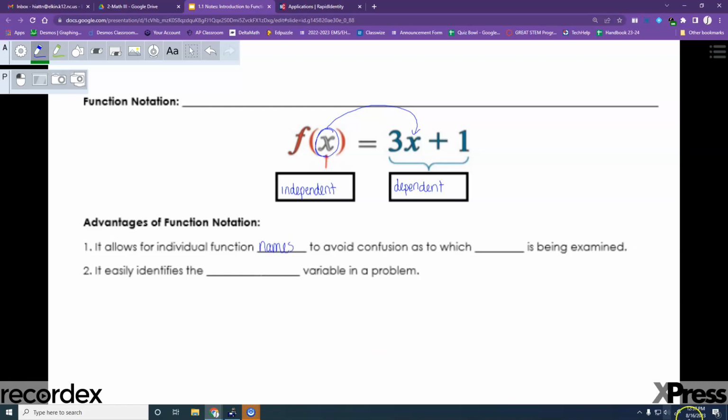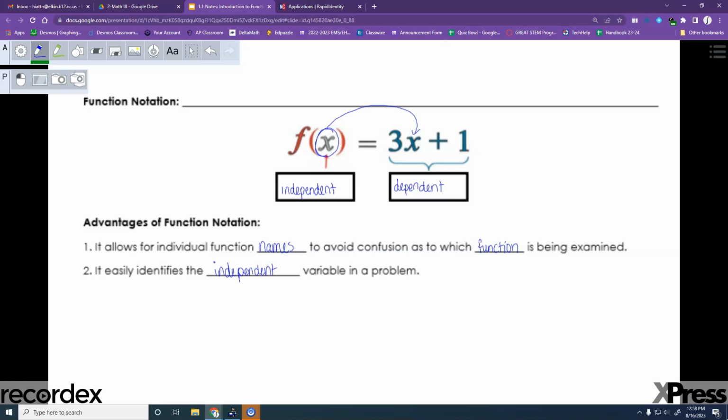This helps avoid confusion as to which function is being examined, so we can use it to tell apart different equations that we're using. It also easily identifies the independent variable in the problem.